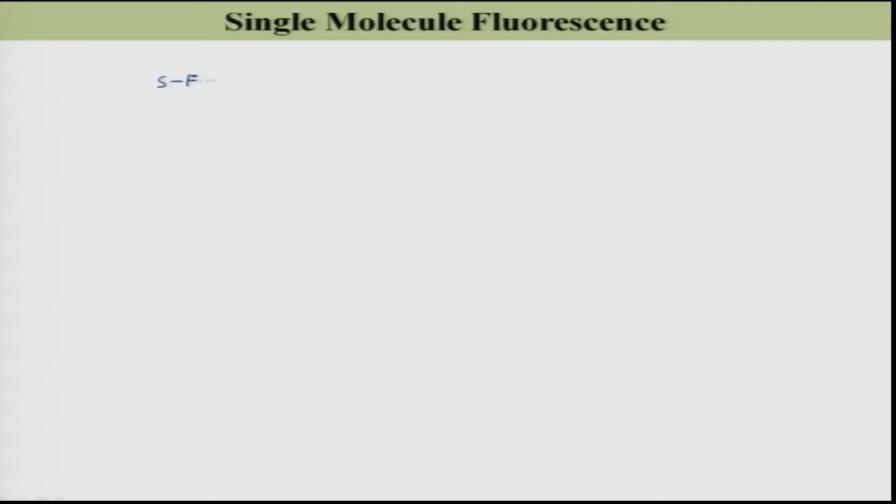F is my fluorophore, and it gets bonded with this enzyme to form an enzyme substrate complex, denoted like this, EQ, and ultimately this is going to give you the product, S plus F, and this enzyme back.